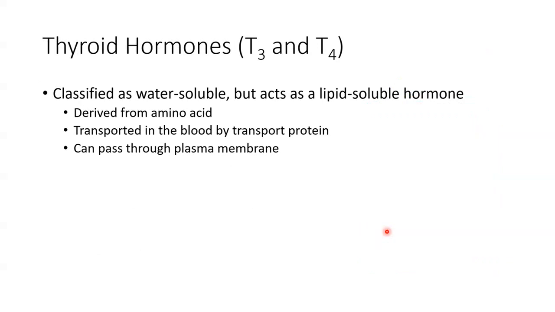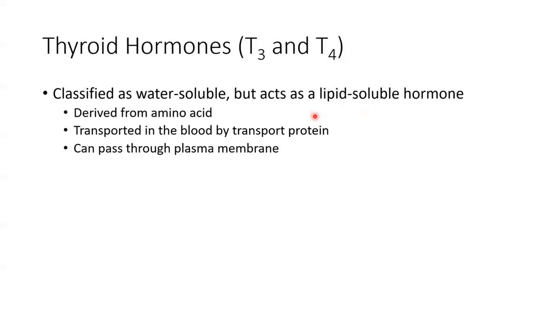Now, before we move on, I just wanted to point out the one exception to the classifications that I just listed. So our thyroid hormones, which are called T3 and T4, are actually water-soluble hormones, but they act more like our lipid-soluble hormones.